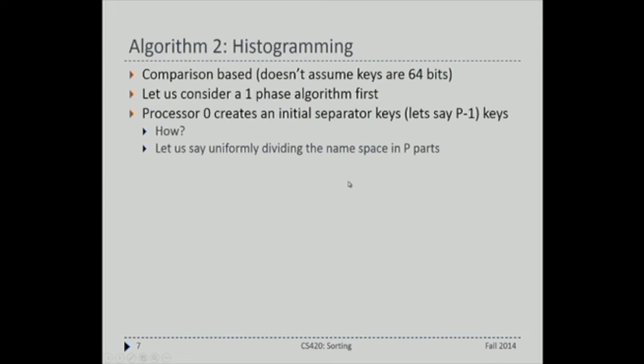If it has N over P keys, it can pick N over P divided by P as the distance and say that one, that one, that one, and it will get P minus 1 keys. So you can just pick P minus 1 equally separated keys and say that's my separator. If everyone's distribution is the same as mine, then it should work. But of course it won't be in the general case. But at least it's a good initial guess.